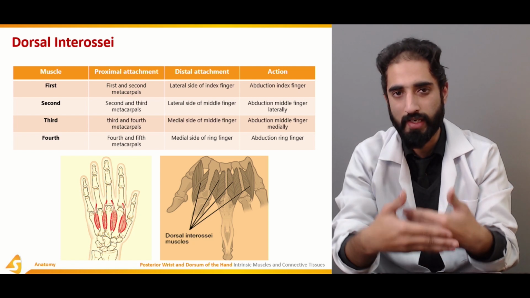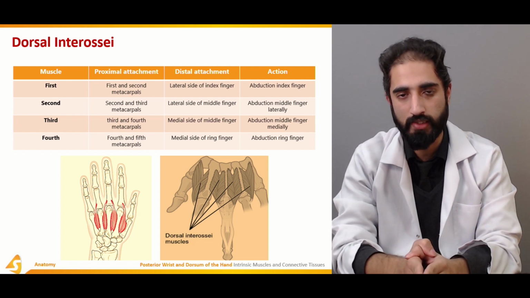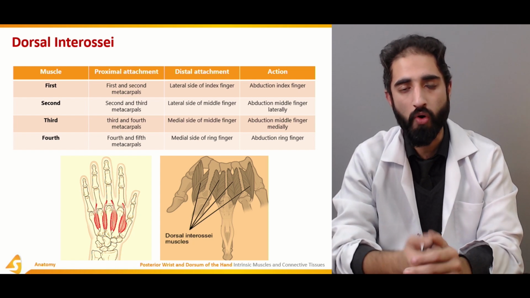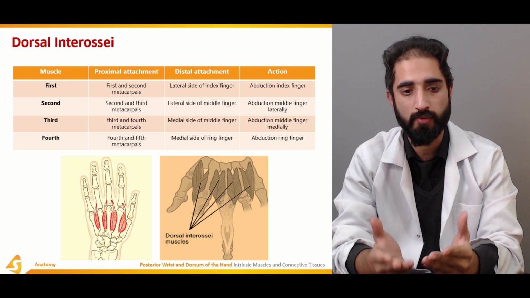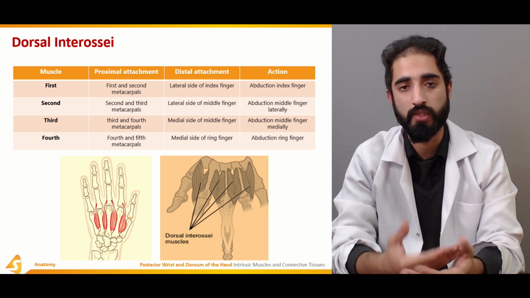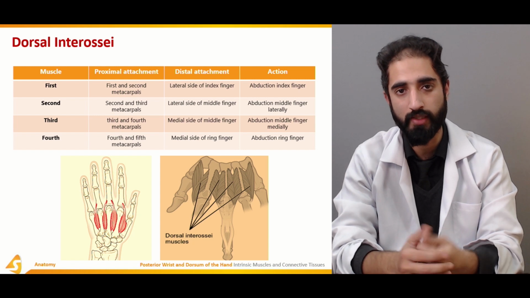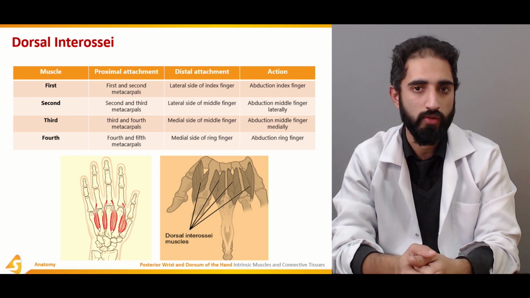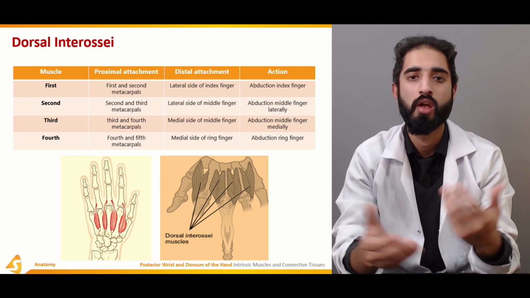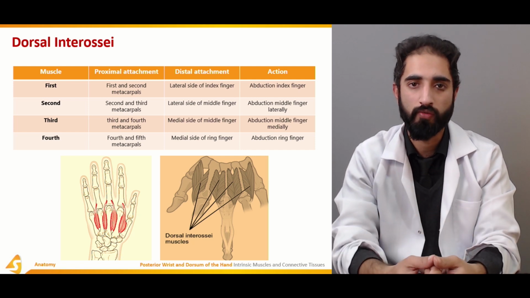The reference point is the middle finger itself, so if it moves towards the thumb or towards the radius, that is because of the second dorsal interosseous, and if it moves towards the ulna or towards the little finger, that is because of the third dorsal interosseous. And we have 2 dorsal interossei, the second and the third, which are acting at the middle finger.